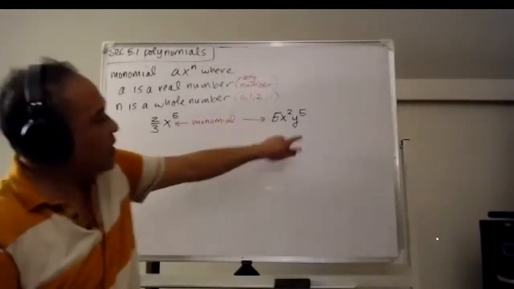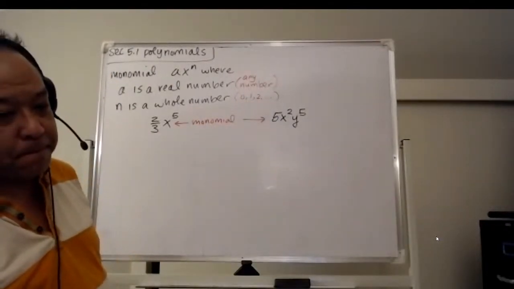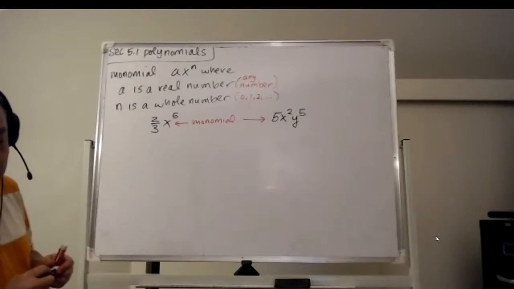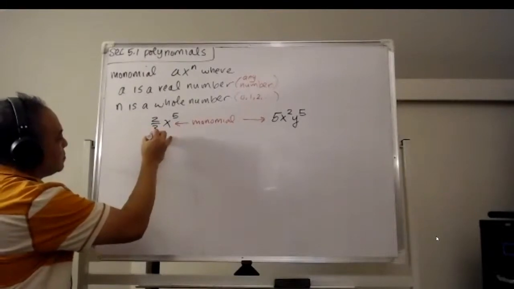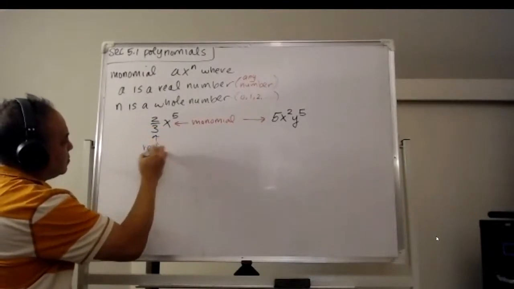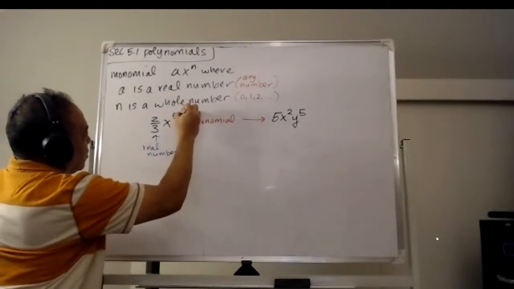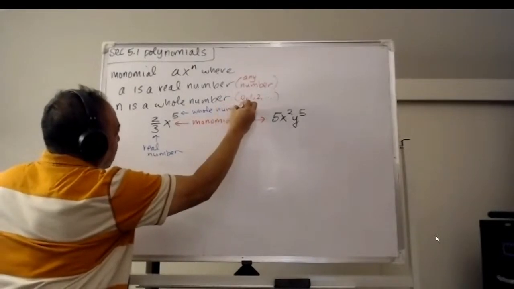The key is this exponent has to be a whole number. So this part is a real number. This number is a whole number. The exponent.